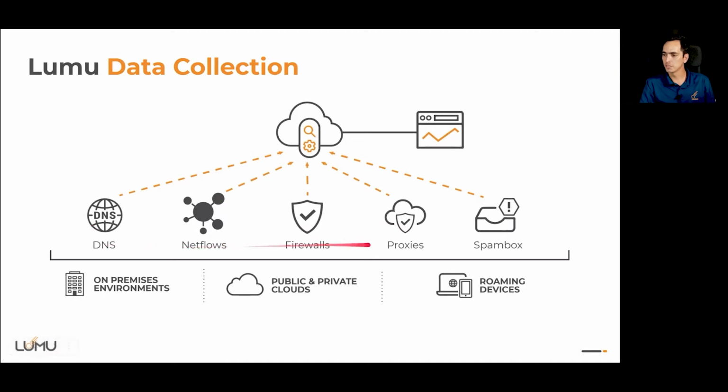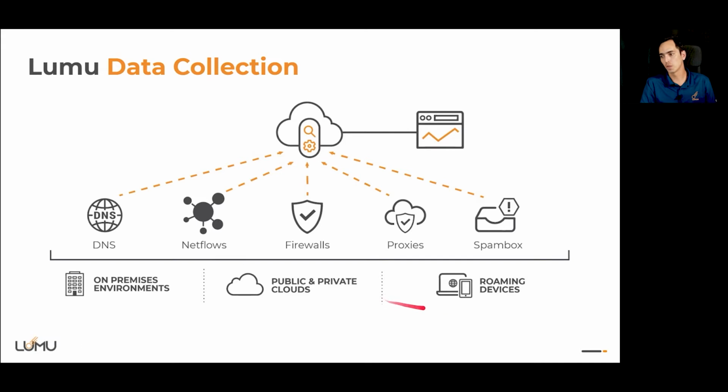This approach allows us to deploy LUMU in any kind of network architecture. This is going to work in on-premise environments, public and private clouds as well. And we're going to adapt this LUMU data collection process or design to accommodate any kind of network that can be on-prem or on a cloud.